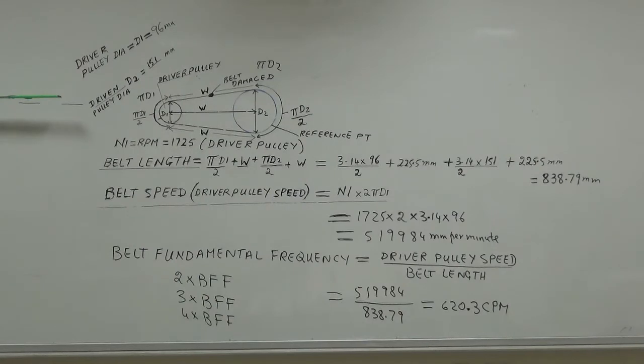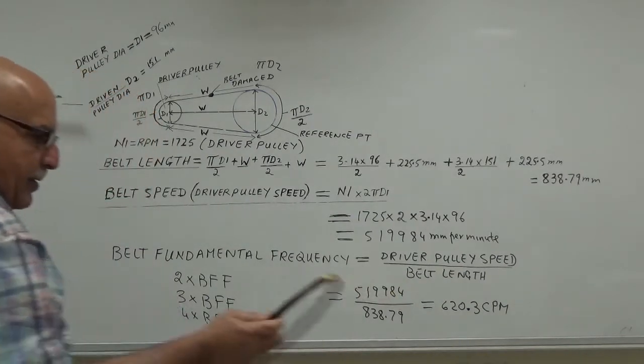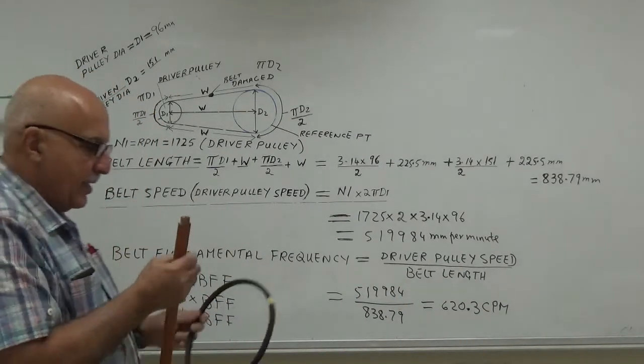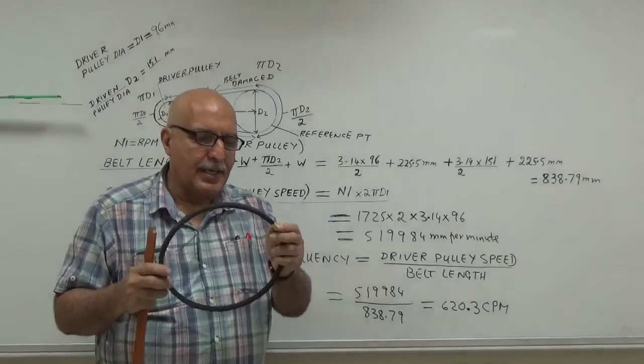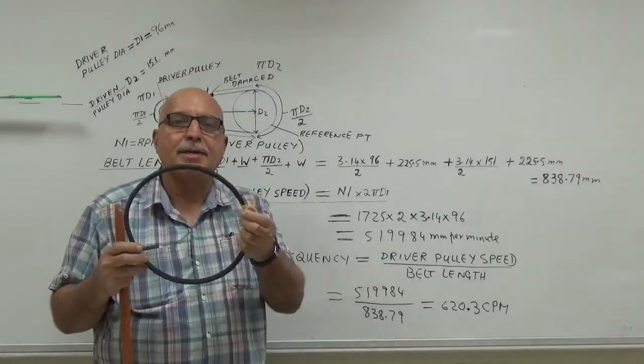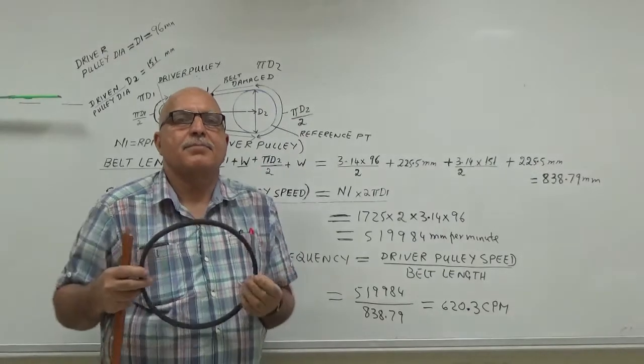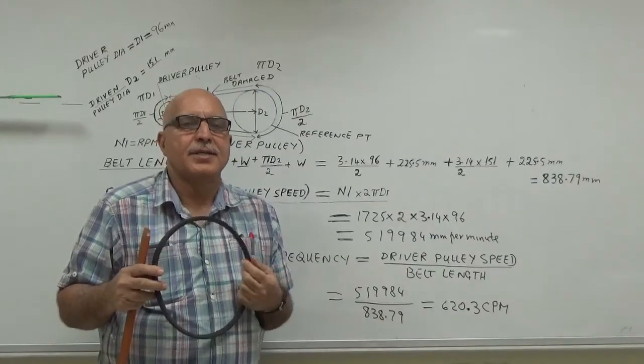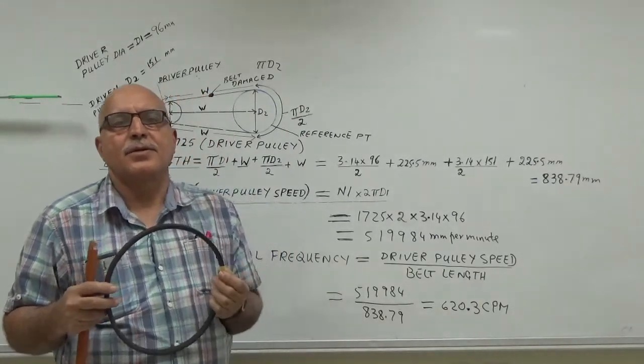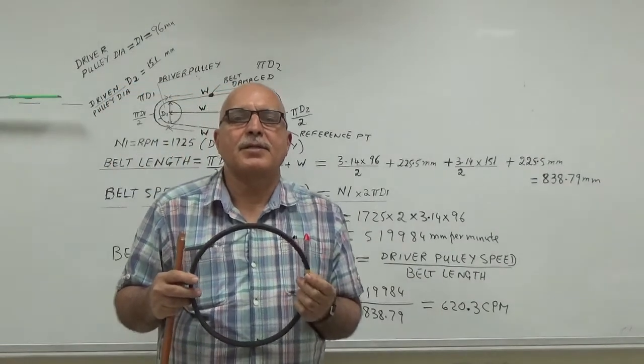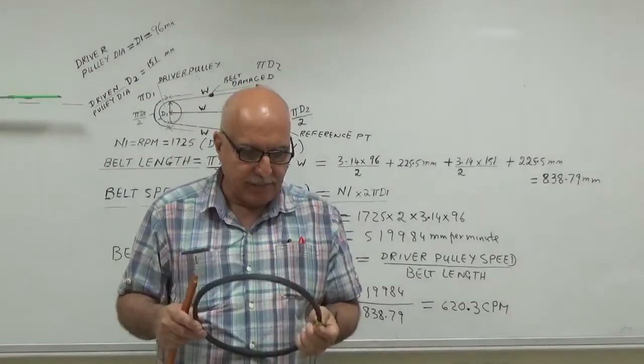Now I will discuss belt pass frequency. Now you can see here there is a belt. In case this belt is damaged, it will create some frequency that will be called belt pass fundamental frequency.